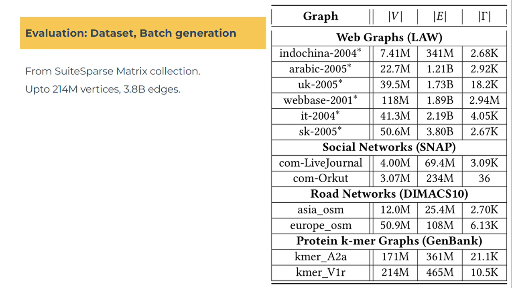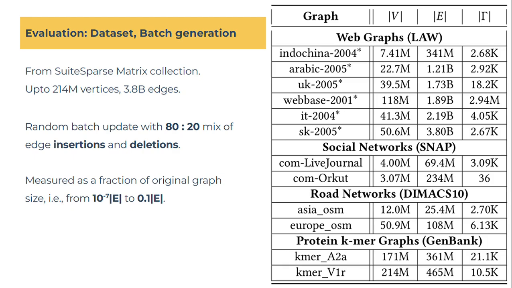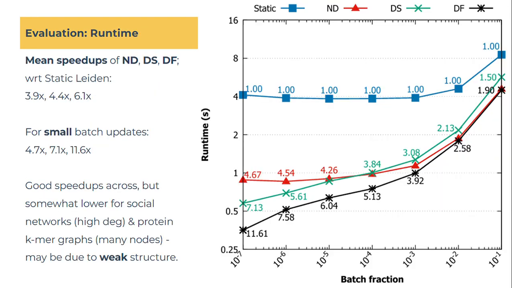These are static graphs. We generate random batch updates consisting of 80% edge insertions and 20% deletions, and the size of this update ranges from 10^-7 times the number of edges in the graph to 0.1 times the number of edges in the graph. Basically a fraction of the edges in the original graph.